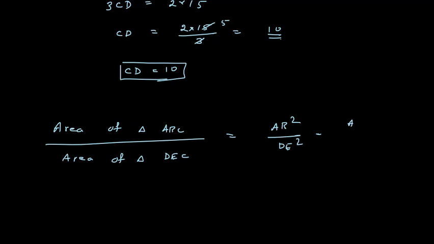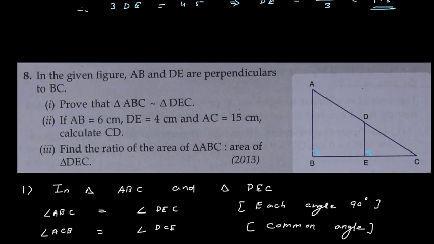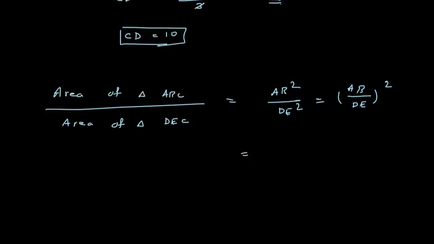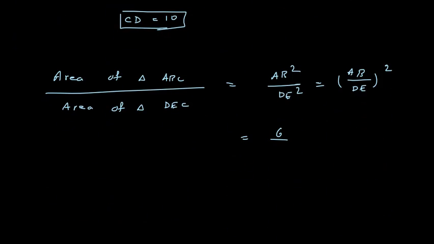Or you can say that this is equal to AB upon DE the whole square. So the values of AB and DE we have, AB is 6, DE is 4. So this is 6 upon 4 the whole square. So this is 3 upon 2 the whole square. And this is 9 upon 4.